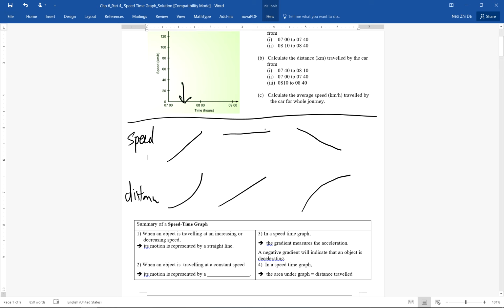If it's a constant speed, then it will be a constant increment. If your speed is reducing, it's a decreasing function, then you see your gradient will slowly tend towards 0.